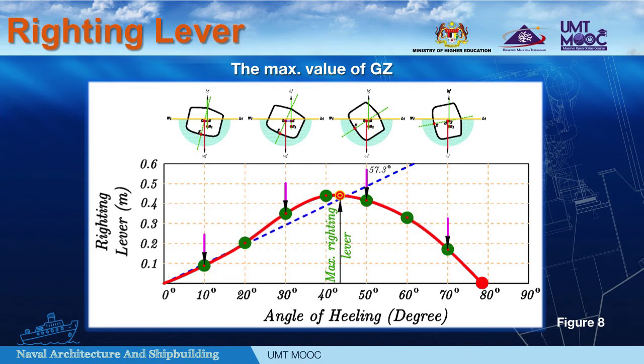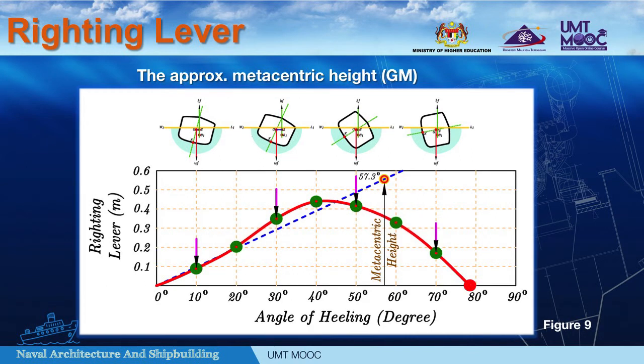Other information we can obtain from the GZ curve is the maximum value of the righting lever GZ, which typically occurs between 30 degrees and 45 degrees as displayed in figure 8. The next one is to obtain the approximate metacentric height, or GM, as shown in the figure.